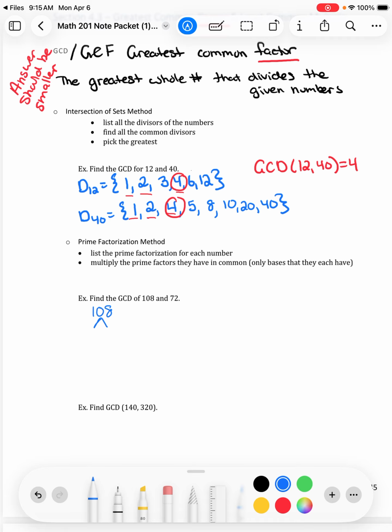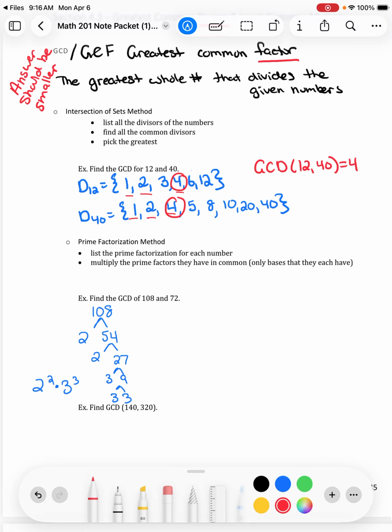It's even, so I started with 2. 108 divided by 2 is 54. Again, 54 is even, so I just divide it by 2. 54 divided by 2 is 27. 27 is odd, so I couldn't use 2. I tried 3. So the prime factorization for 108 is 2 squared times 3 cubed.